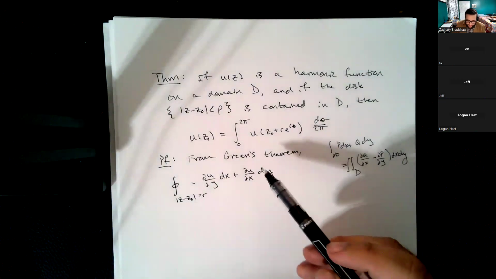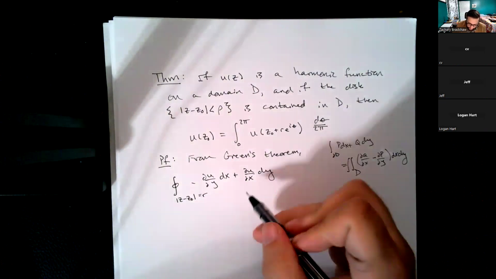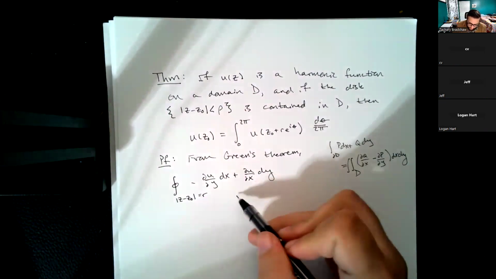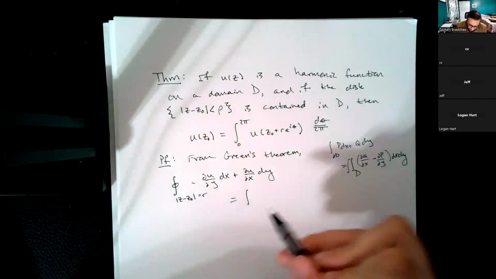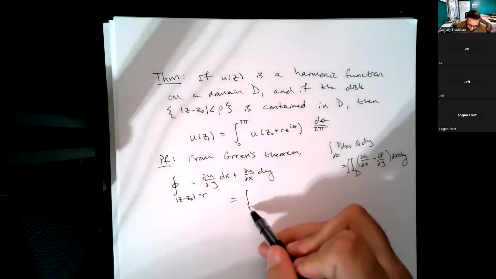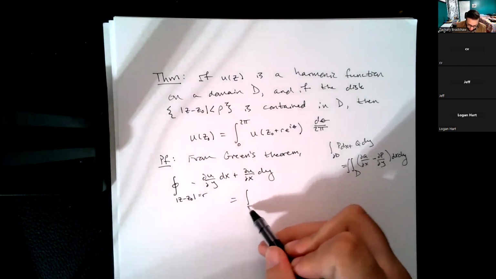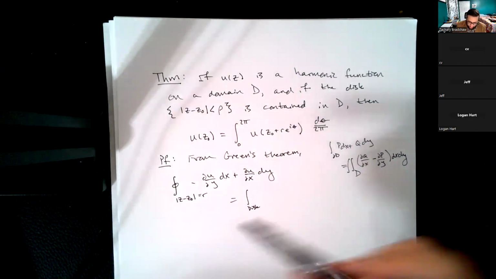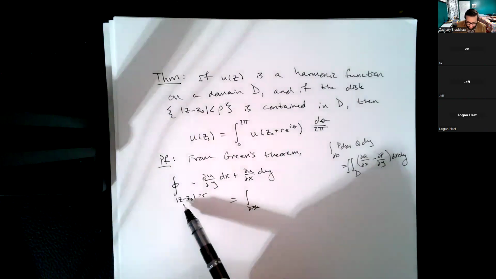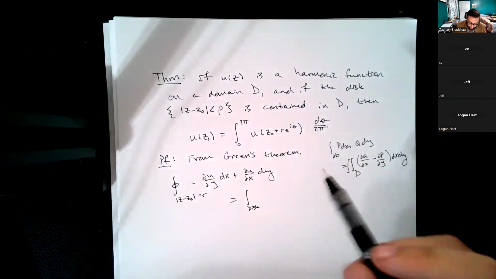So Green's theorem will tell us that this is equivalent to the integral over the disk, meaning the disk contained inside this circle.